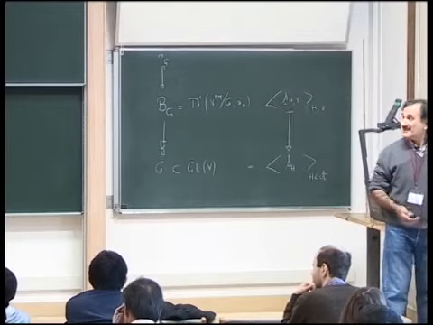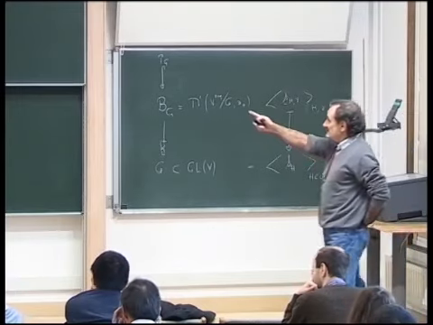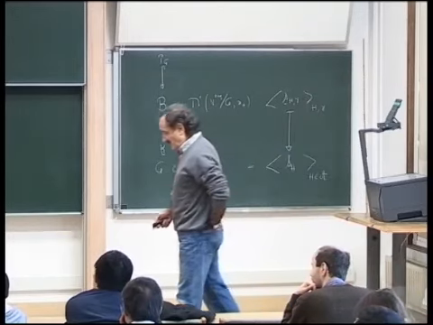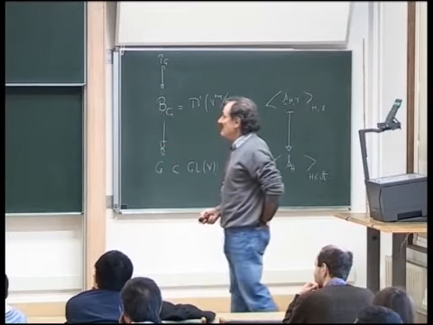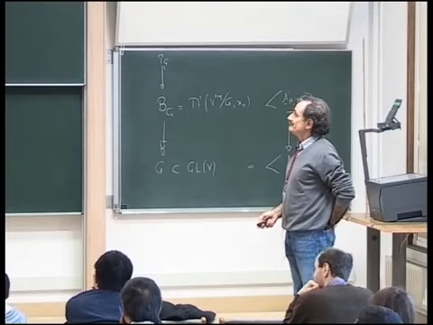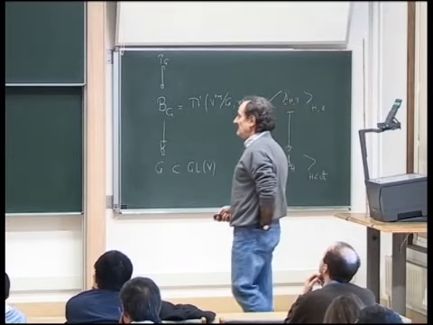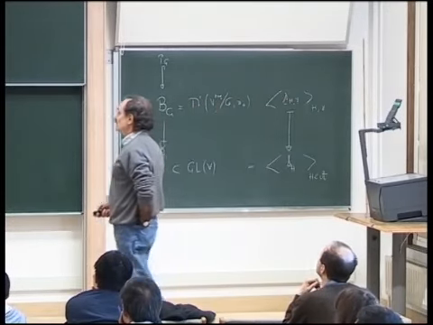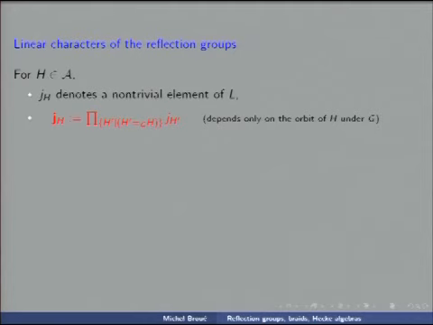So the distinguished reflection acts on JH by multiplication by e to the 2 pi i over e_H. And let me denote by bold JH the product of these JH prime of all H prime in the same orbit.